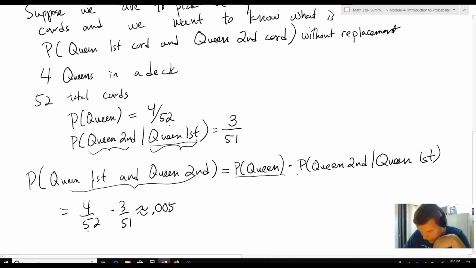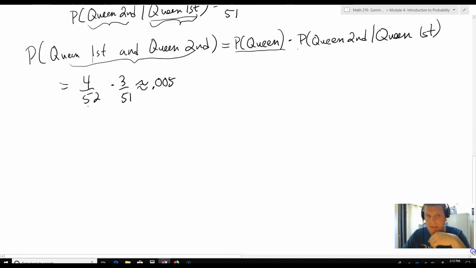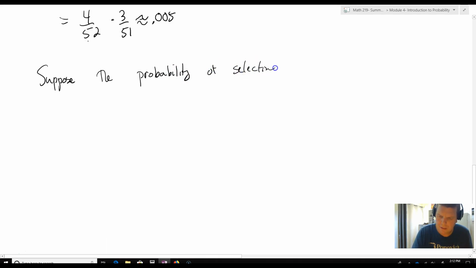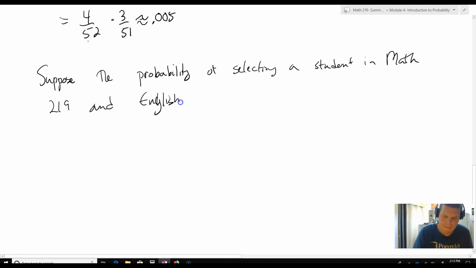Let's take a look at one more example, and we'll use the other alternate definition. Suppose the probability of selecting a student in Math 219 and English 101 is 0.17.